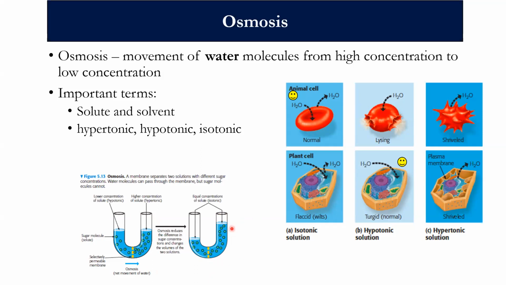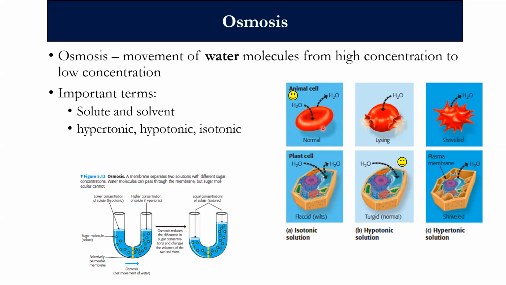So different cell types respond to these solutions differently, and it really depends on what kind of cell type you're looking at. On the top, we have red blood cells, or erythrocytes, in animal cells or mammalians. As you can see here, a red blood cell is happy under an isotonic solution.